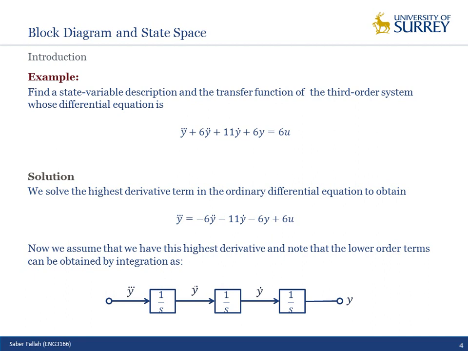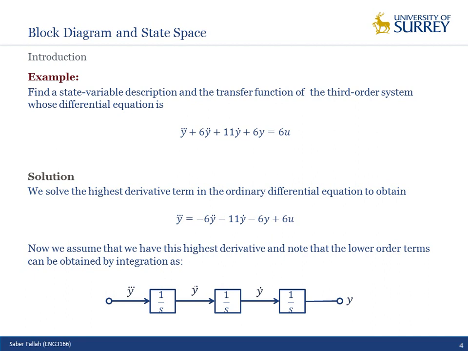And x dot 1 is y triple dot, which I have from this relation here. Look, x dot 1 is minus 6 y double dot minus 11 y dot minus 6y plus 6u.